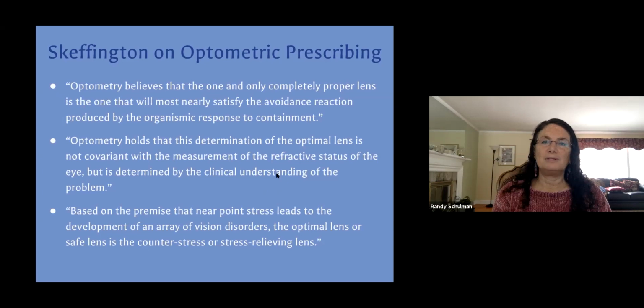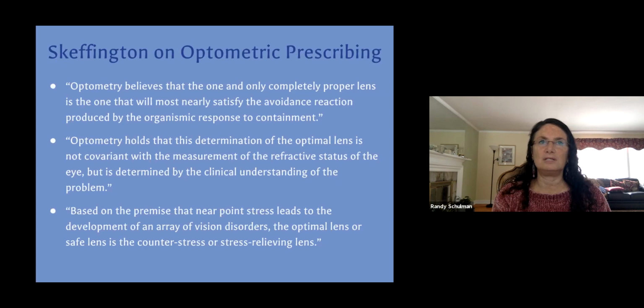And that there's typically only one completely proper lens that will satisfy that avoidance reaction and will help that person be able to engage. So he talked a lot about the optimal lens, and that optimal lens has nothing to do with the refractive status.